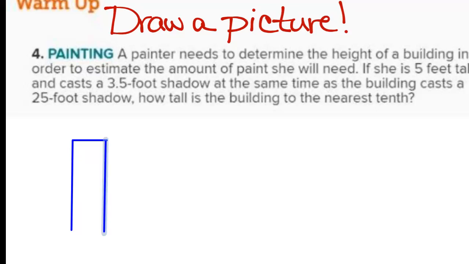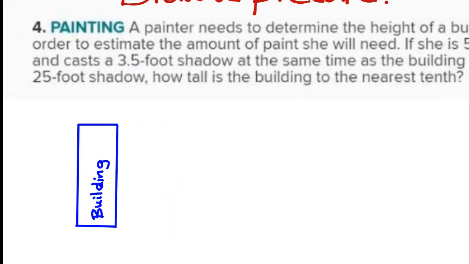All right, so here we have our building. We do not know how tall that building is. What do we know about the building? Cast a 25-foot shadow. Where would the shadow be?